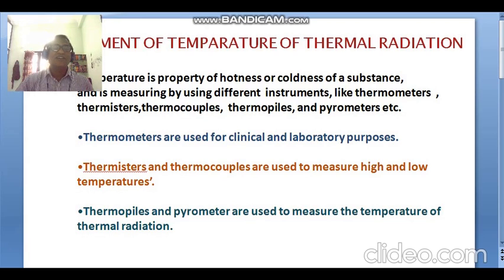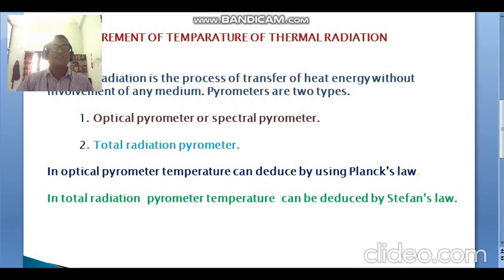So these are the equipment to measure thermal radiation, or the temperature of the thermal radiation of a substance. The thermal radiation temperature can be measured by using pyrometers.